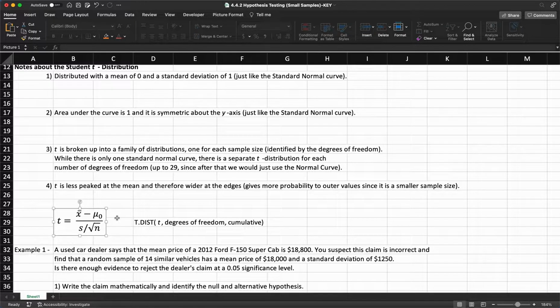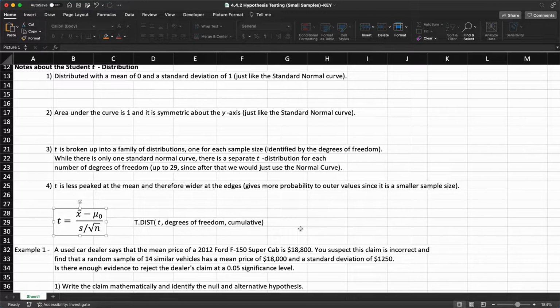So we're going to have to take our sample mean that we're given, x bar, subtract the population mean, or at least what we are assuming the population mean is, that's the null hypothesis, and then divide that by our standard error, and that will give us our t-score. Then we can plug it into this formula, t, comma, degrees of freedom, comma, true, and it will give us the area under the curve for the t-distribution up to that point. So the rest of it is just like it had been for the z-distribution when we were calculating z-scores that were less than or equal to a value.